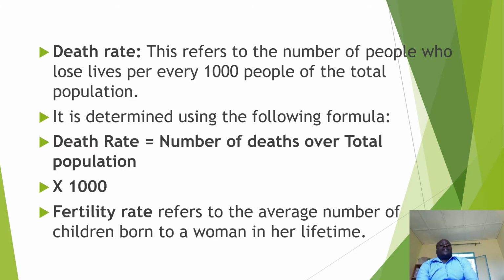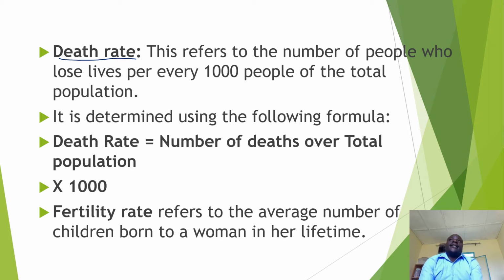Then we have death rate. Death rate, I hope, is the opposite of birth rate. It refers to the number of people who lose lives, the number of people who die per every 1,000 people of the total population. This is not the number of people who are born, it is the number of people who die.